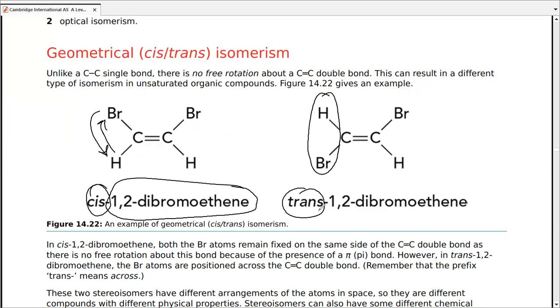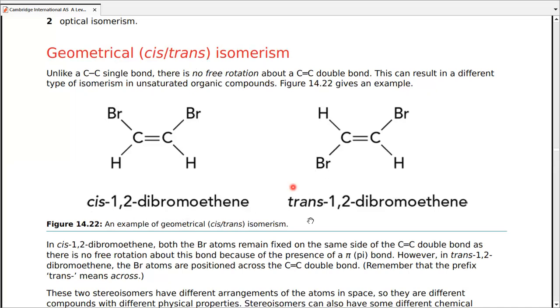Picture this, bromine over here, hydrogen over here, it becomes trans. So if I try to change the position, like what I was doing back in alkanes under the name of free rotation, there is no free rotation in a carbon-carbon double bond. It actually changes the whole isomer. Back there in alkanes, there was no change in isomer. Here, it is a change in isomer.